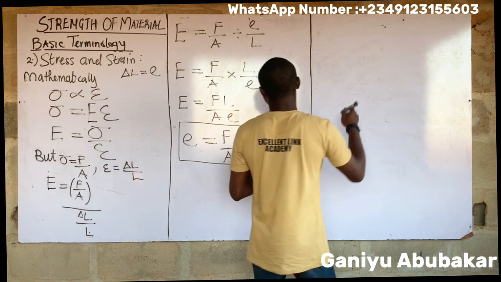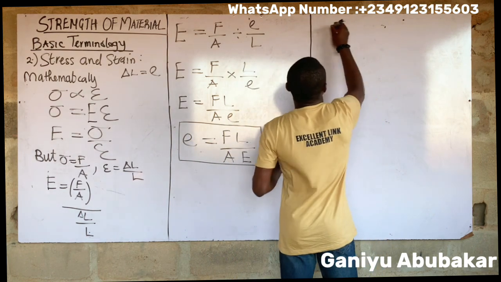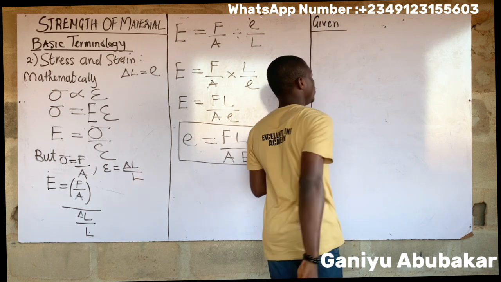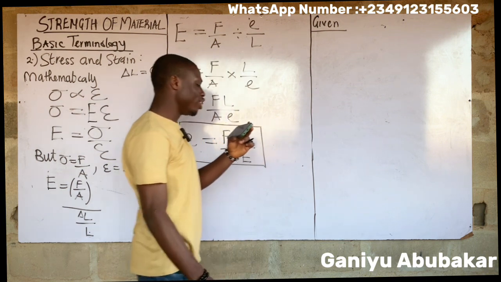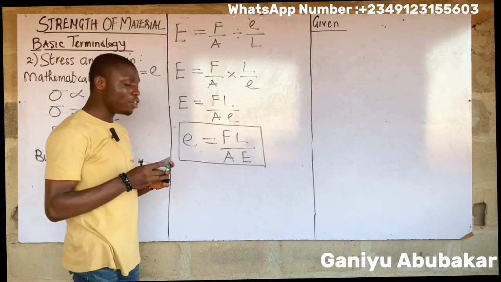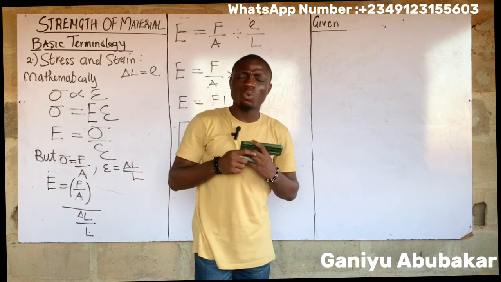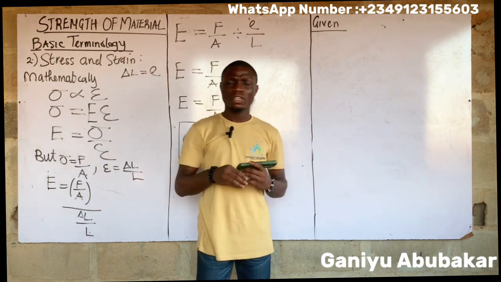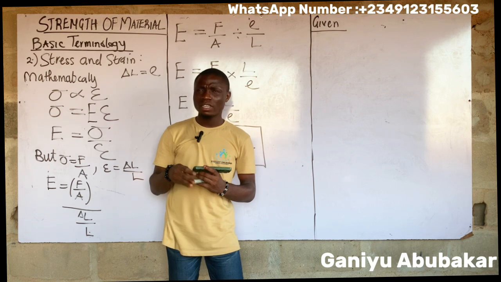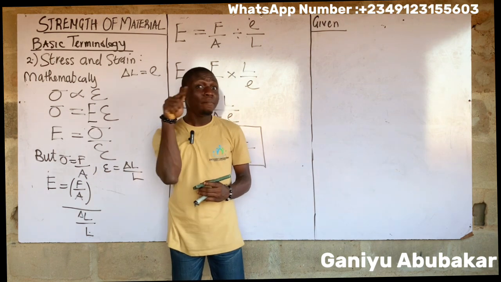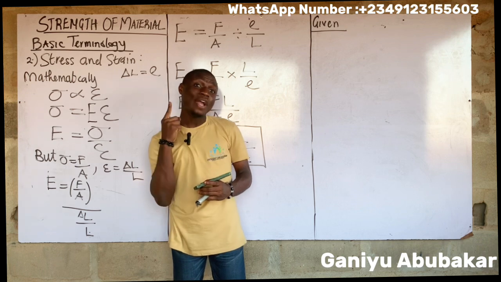First, your first task in science is to list out the givens. What are we given in the question? A square steel rod 40 millimeter by 40 millimeter. What does this signify? Take a little bit and think. It signifies the dimension, because of your area.